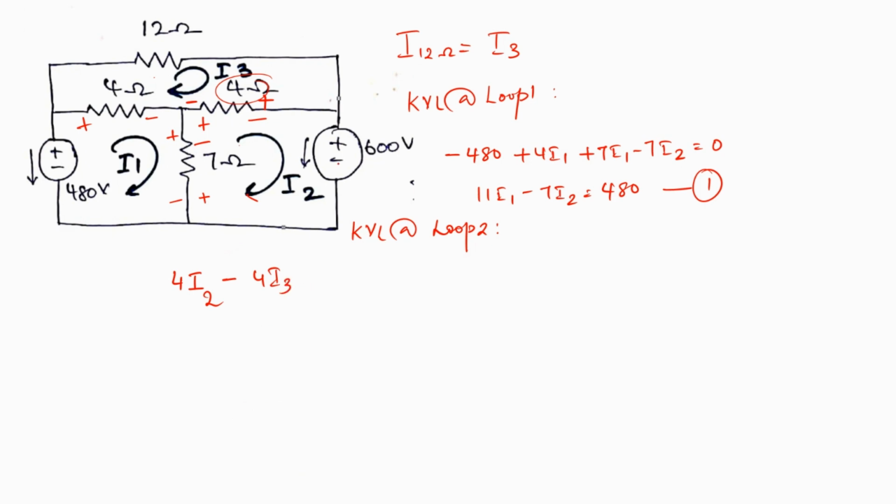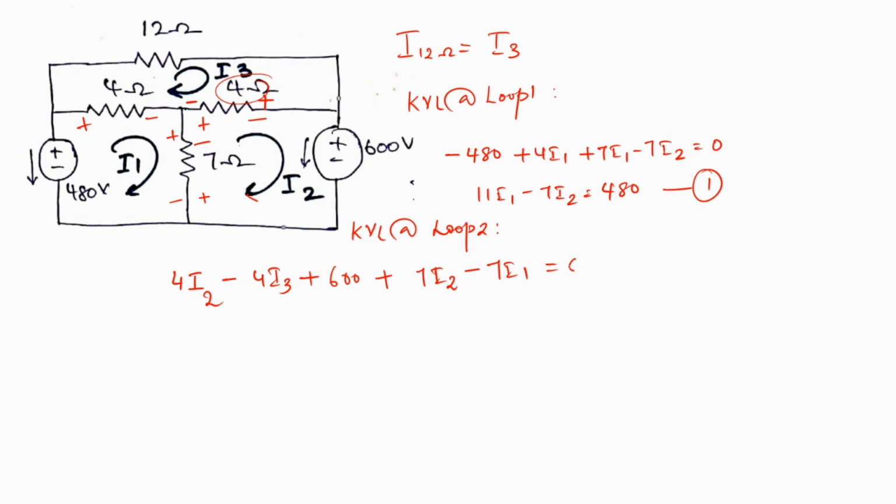Then looking at the 600 volts, the drop is in the same direction as the loop current. So I'll keep it as plus 600 plus 7I2 minus 7I1, because now we are looking at loop 2. So we'll consider the direction of I2 to be positive, and I1 is therefore negative.